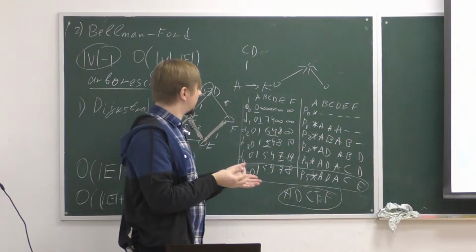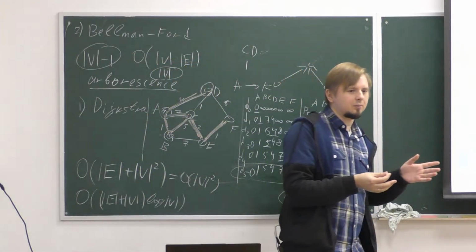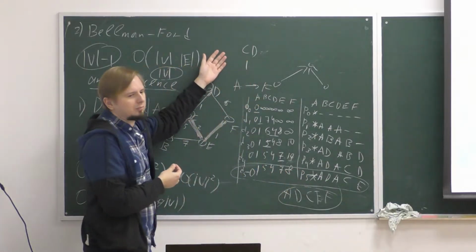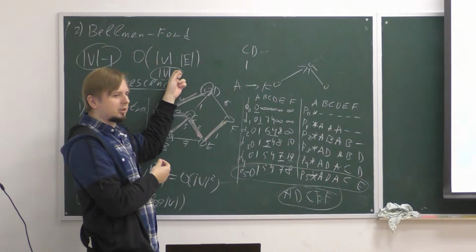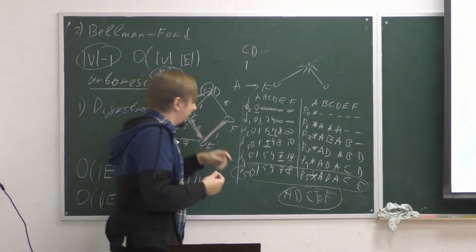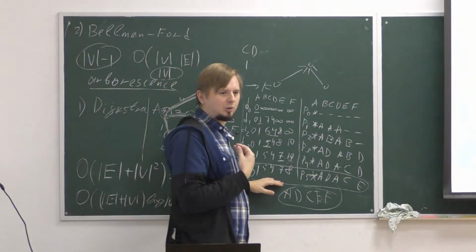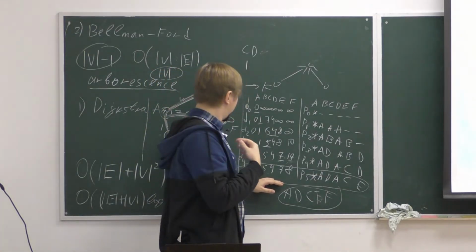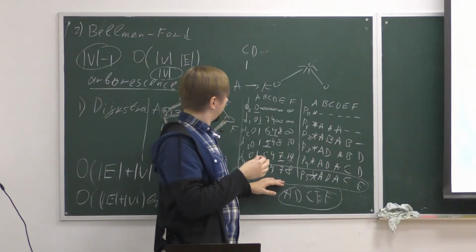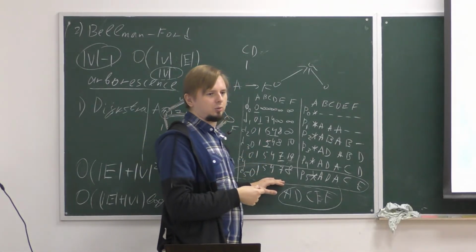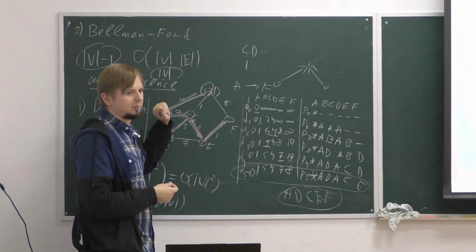So you can use Bellman-Ford for any graph, and if you do one additional step, you can say whether this graph has a negative cycle or not.